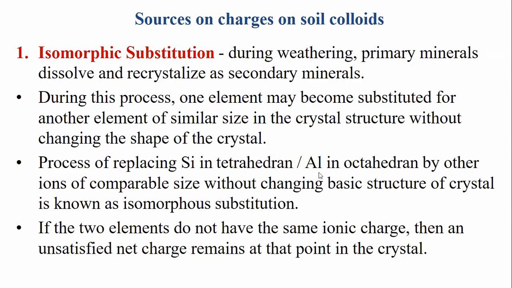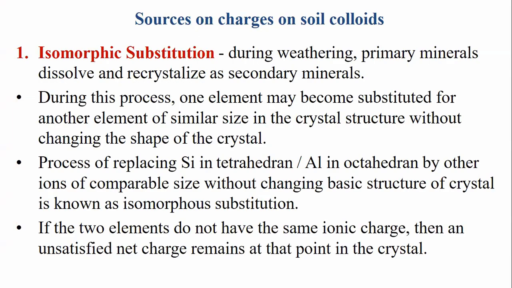If the two elements do not have the same ionic charge, then an unsatisfied negative charge remains at that point of the crystal. If we are replacing one element by another element, and those two elements do not have the same ionic charge, for example, if one has 4 plus and the other has 3 plus, there will be a net unbalanced charge.